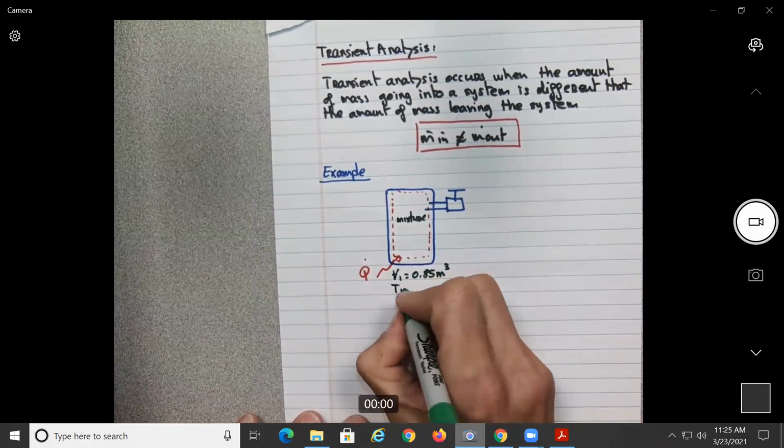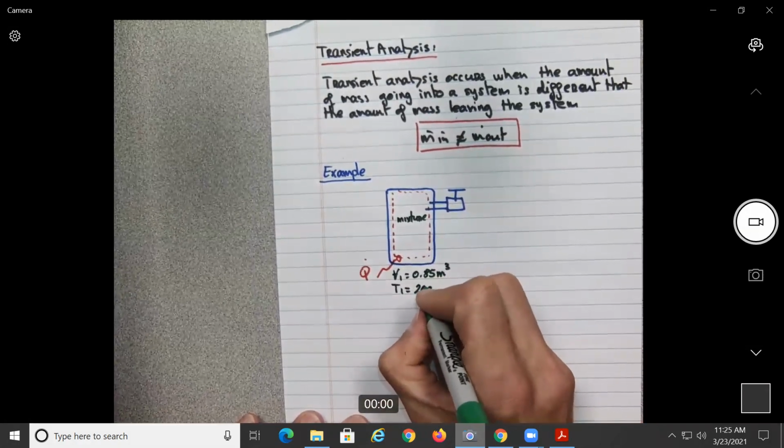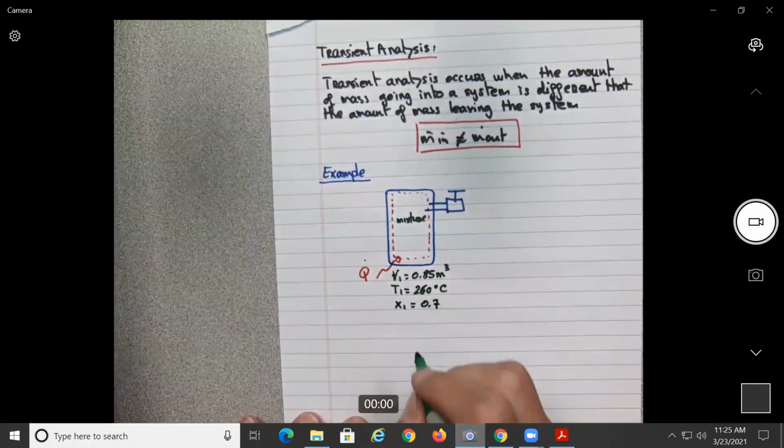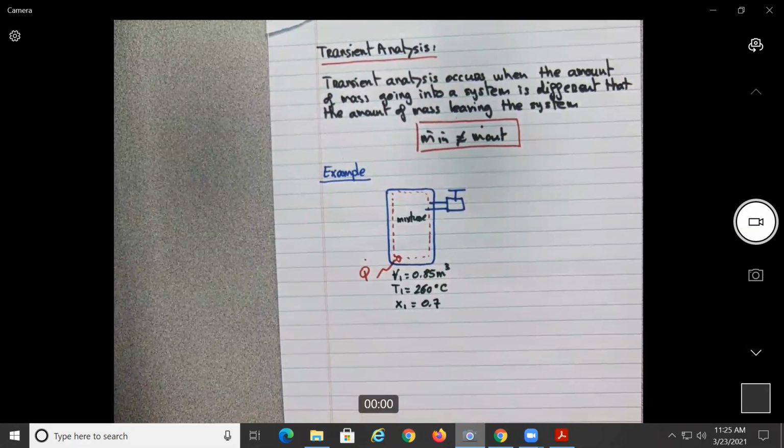The initial temperature is 260 degrees Celsius, and the quality is 0.7.